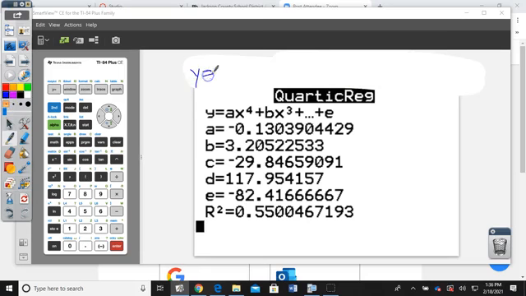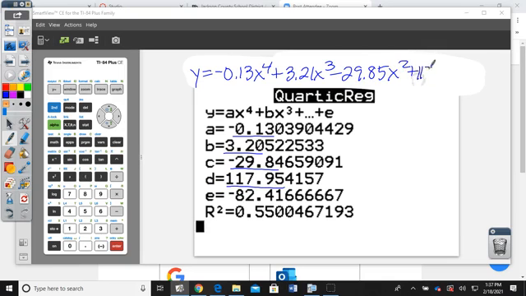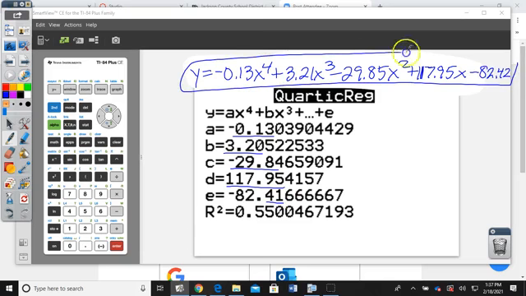So y equals negative 0.13 x to the 4th, 3.21 x to the 3rd, negative 29.85 x squared, plus 117.95x, and last but not least, negative 82.42, so minus 82.42. There is your answer.